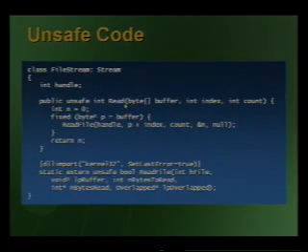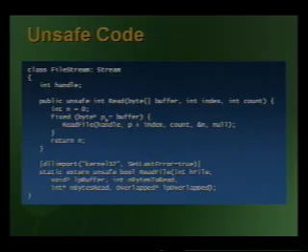So we have a read method on file stream that takes a byte array and an index and a count, and it basically says read into this byte array at this index and this many bytes. In the implementation, what we do is we use the fixed statement to take this buffer, which is a garbage collected object that the user gave us, and pin it down and obtain a pointer to the first byte in the array. And now we can perform unsafe pointer arithmetic.